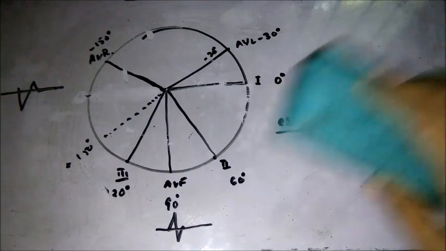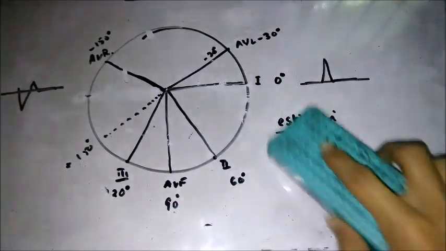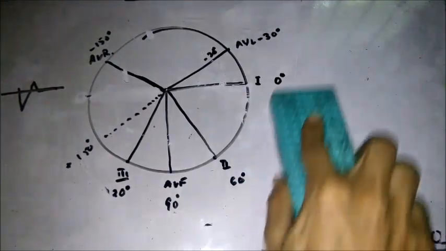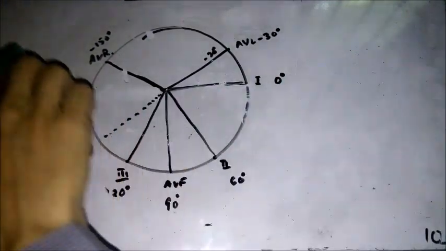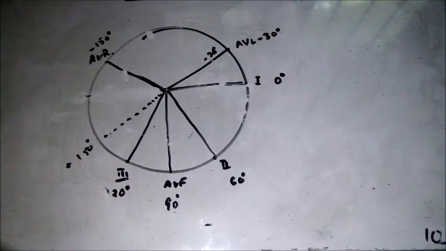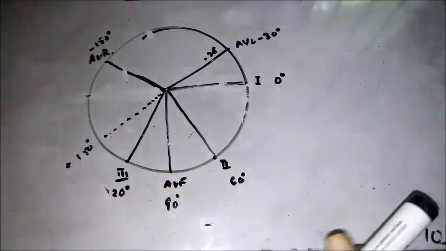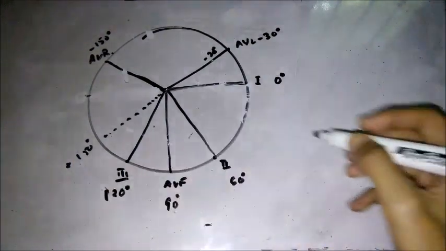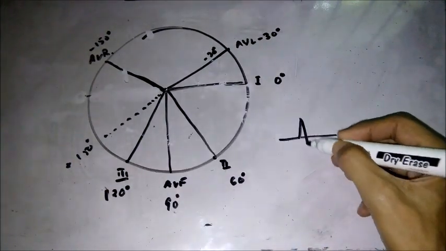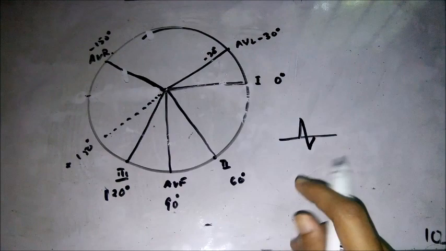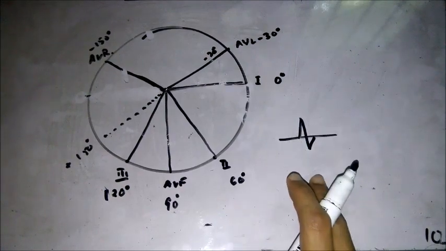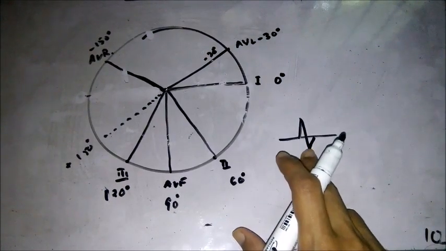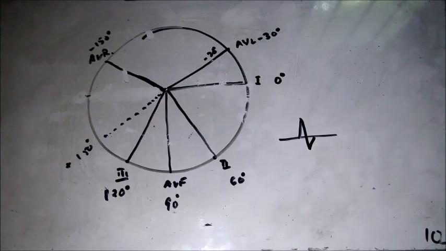Okay, the other thing that you need to know is that many times when you're looking for an isoelectric lead, you usually don't find a lead which is completely isoelectric. Sometimes you would find a lead which is like this. So this has a little more positivity, and the negativity is a little less, right? So this is not completely isoelectric.